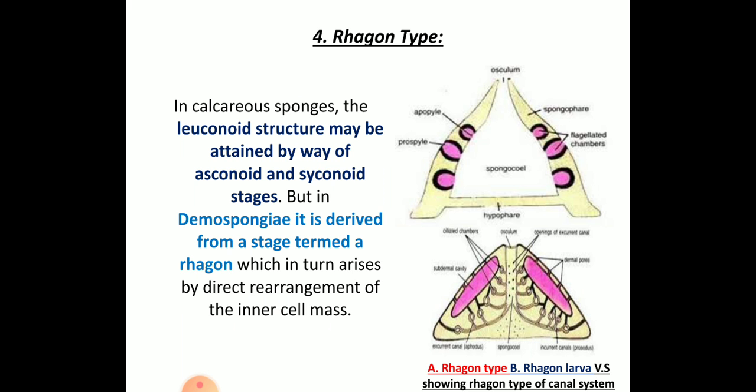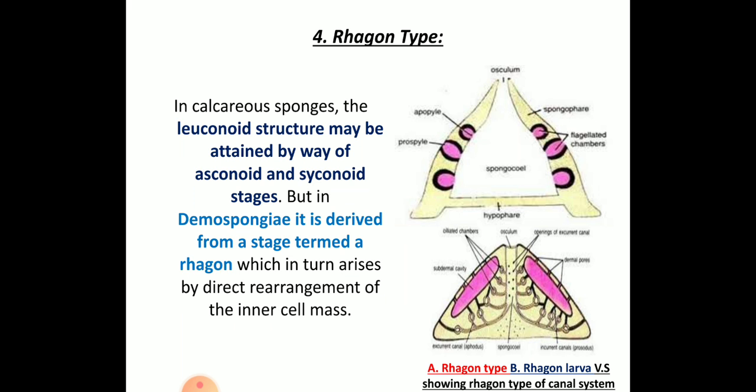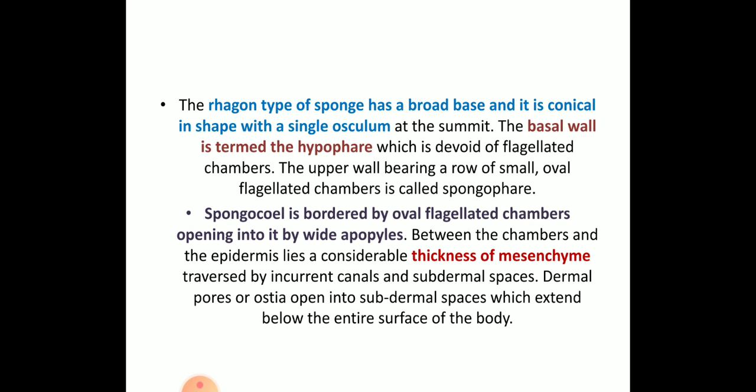Here the demosponge is derived from the stem stage termed Rhagon, which involves the direct rearrangement of the inner mast cells. In the Rhagon type, the sponge has a broad base. As you can see, the base is very large, and that basal wall is called the hypophare, which divides the flagellated chambers.